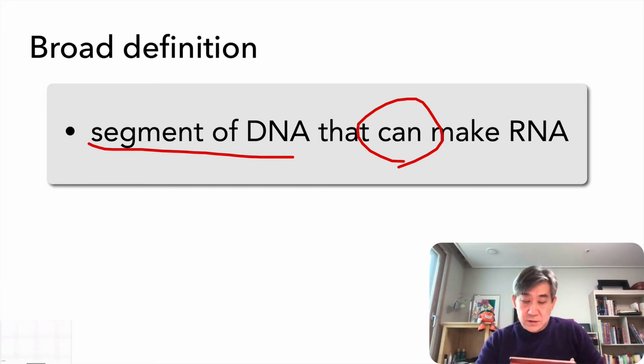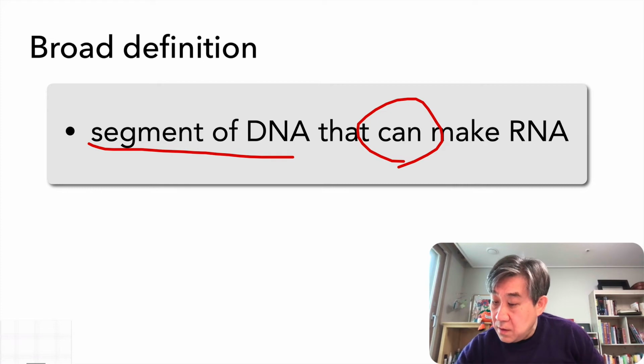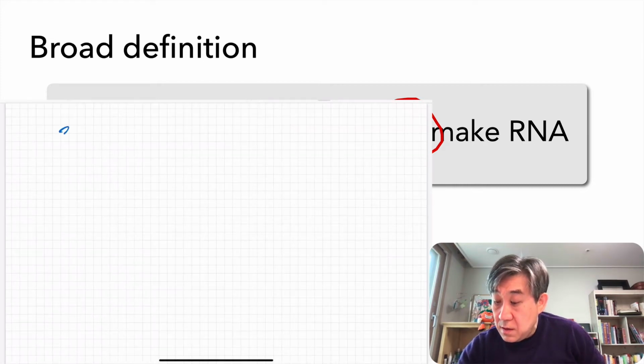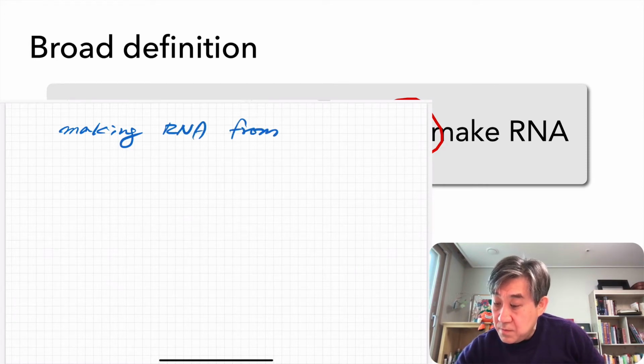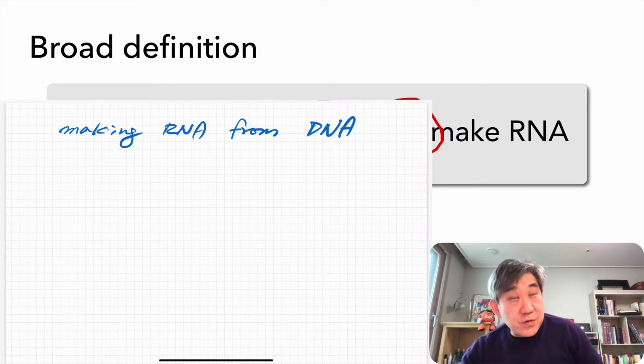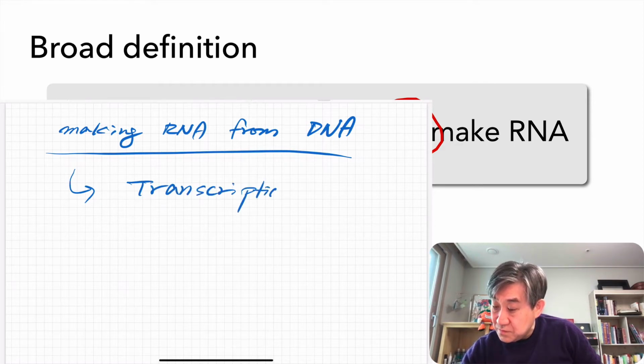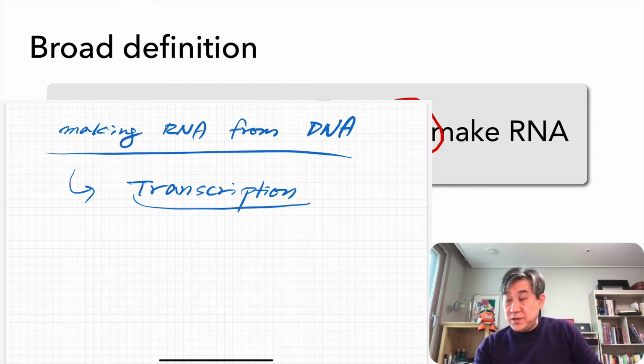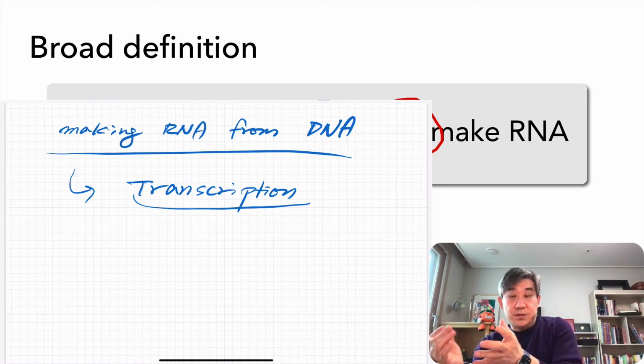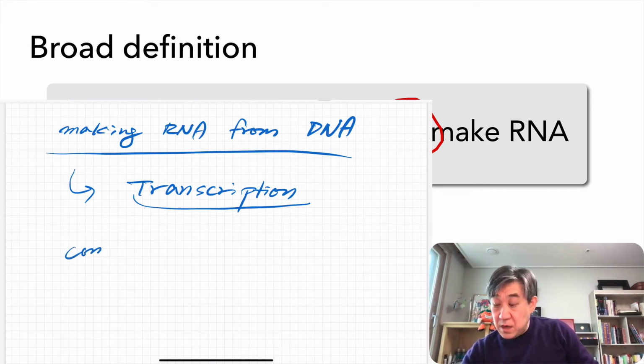By the way, the activity of making RNA from any given DNA region is called transcription. So transcription is nothing but actually the copying process, the complementary copy.